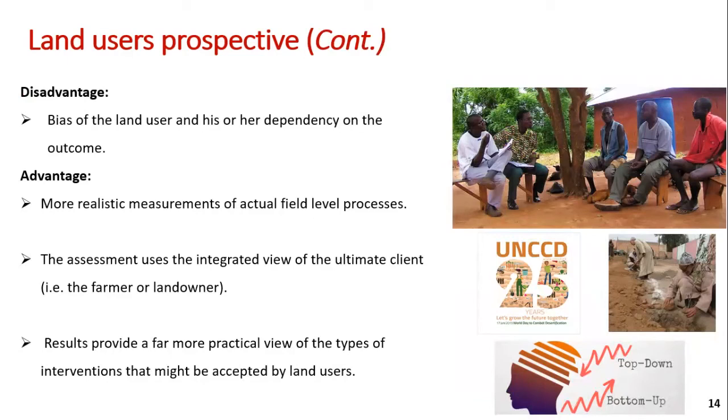So you can see that this kind of assessment based on land user perspective has a lot of advantages. Number one, you get a realistic measurement based on the actual things happening in the field, because you ask the people who live there. Secondly, this kind of assessment integrates all the stakeholders.